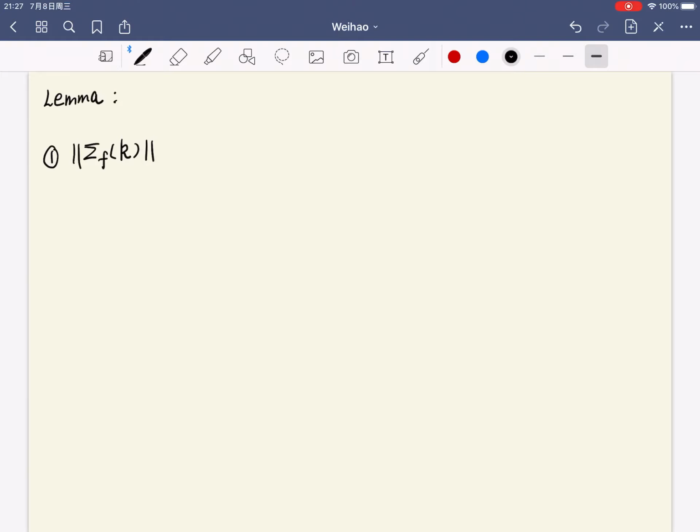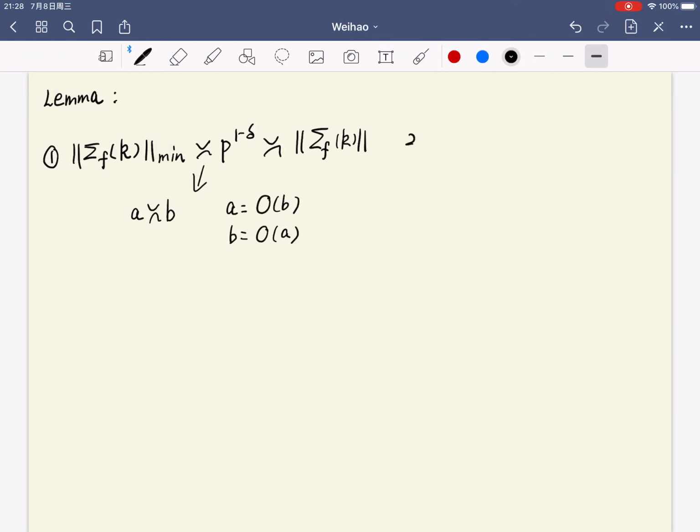The first bound is, this equivalent notation means that if A is equivalent to B, then A equals big O of B and B equals big O of A. Okay, let's show these two lemmas first.